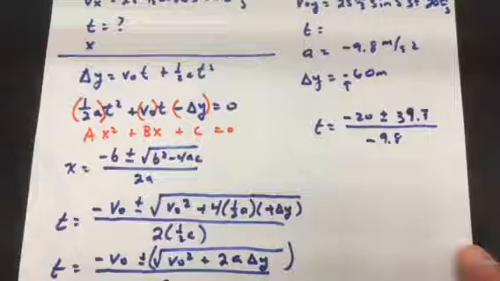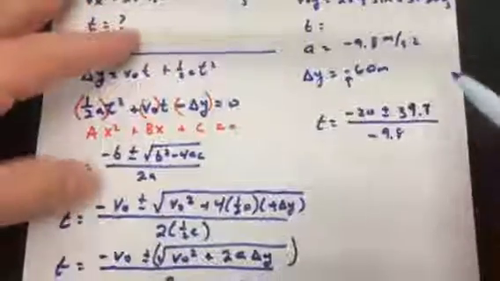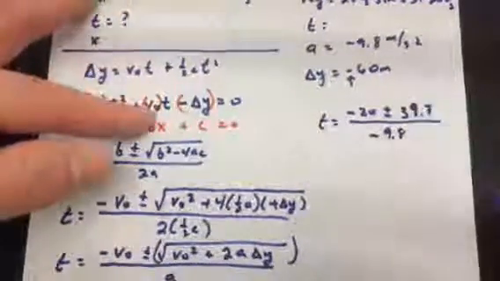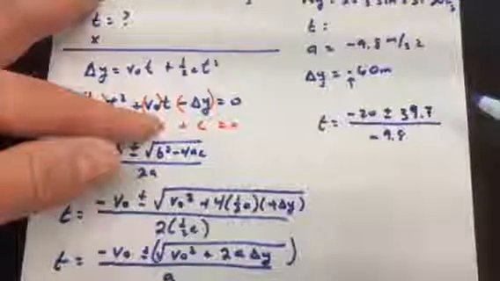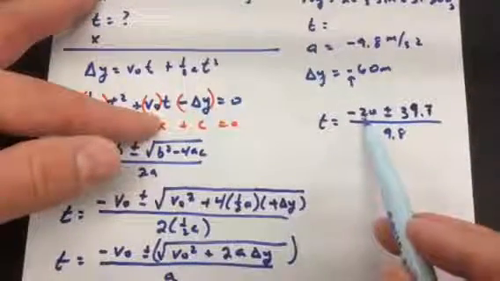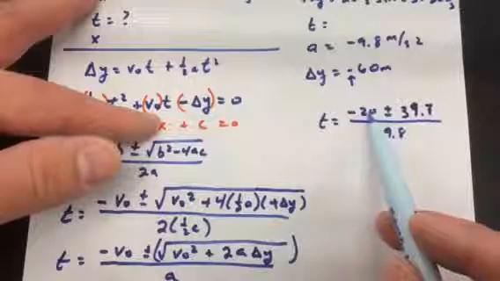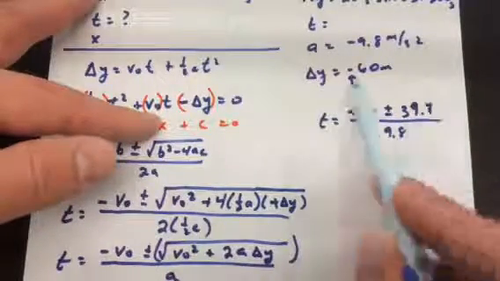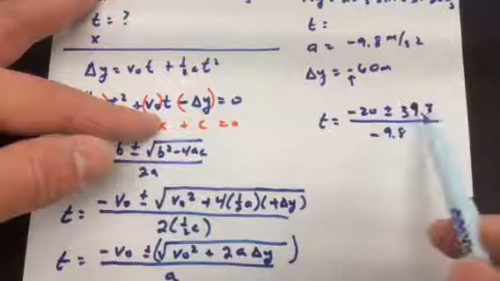You're only going to get one that is correct. If you reason it out, negative times don't exist, so the negative time will be the incorrect one. If I add negative 20 plus 39.7, I'm going to get a positive number on top, about 19.7.